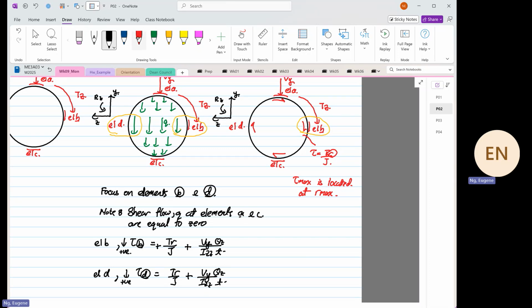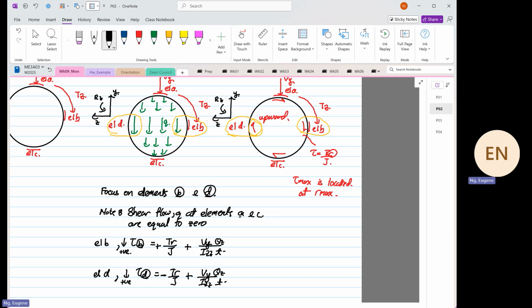And then if you look at this one, due to the torque, this direction is going upwards. So when that's the case, you put over here, this is negative.